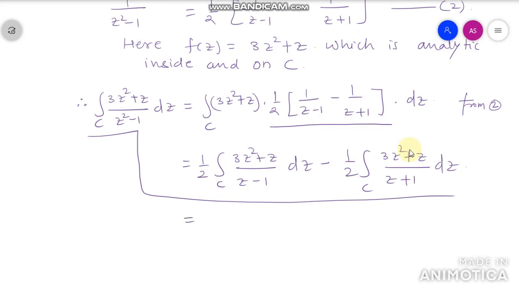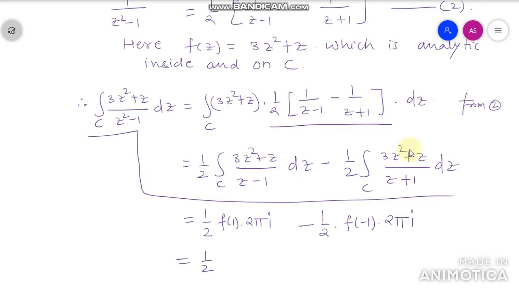Now let's see, both the roots are inside, so this is nothing but 1 upon 2 and the value of this integral is nothing but f of 1 into 2 pi i, minus 1 upon 2 into f of minus 1 into 2 pi i.